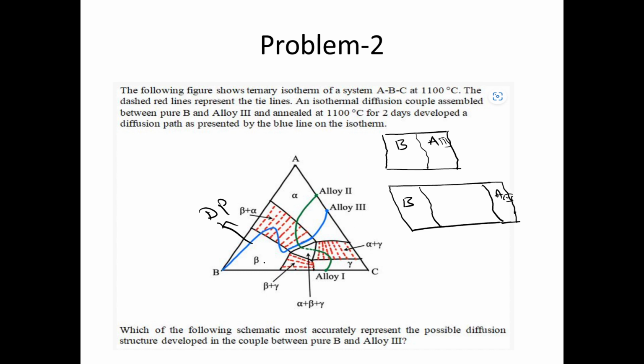So first it is moving towards the beta phase. So when we are moving from pure alloy, the diffusion path is showing the beta phase. Here, beta phase is there. Again it is moving towards the alpha plus beta.